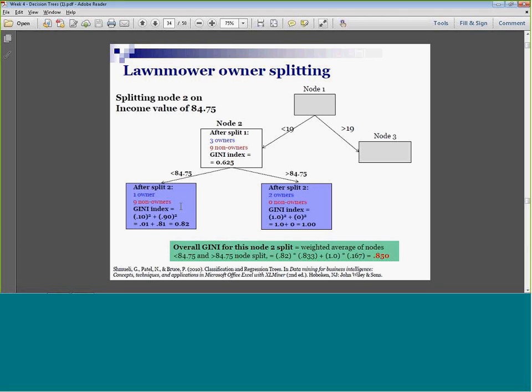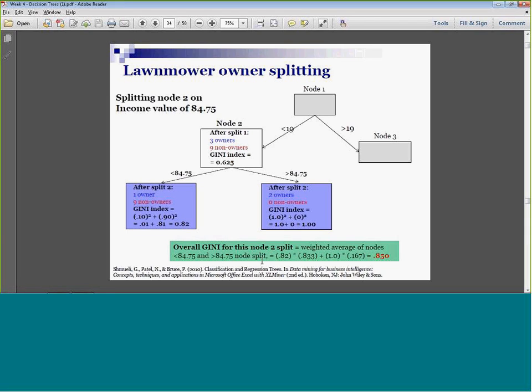And again, you can do the Gini calculations. We have 10 here, we have 2 here. So 1/10 squared plus 9/10 squared added together. Over here, 1 squared plus 0 squared, because that's 100%, gives you 1. We have to weight that by the number of things in each of these squares, remember.